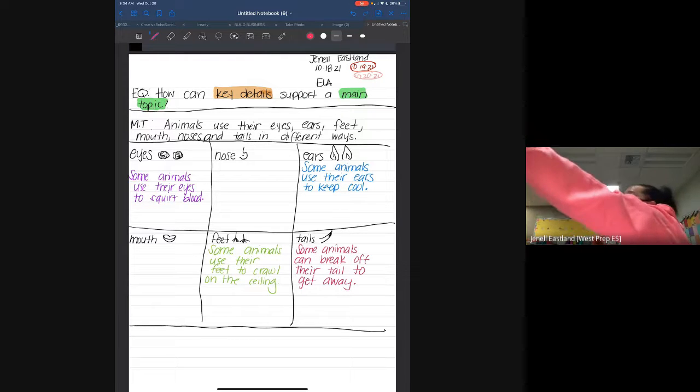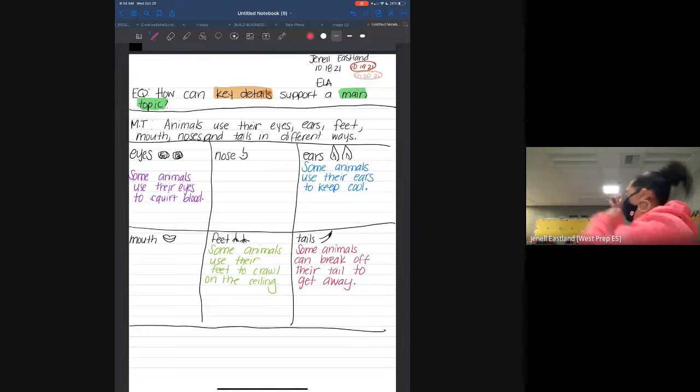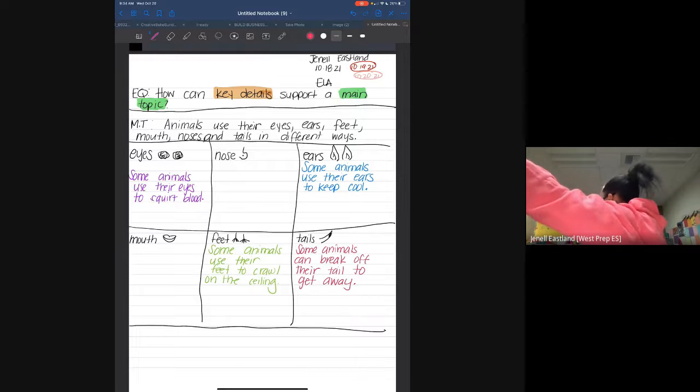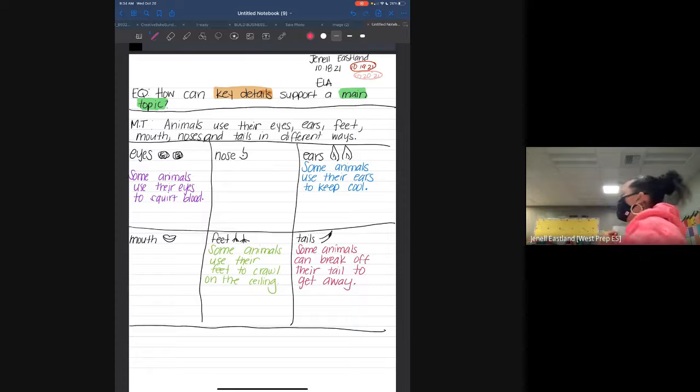So, Amelia, can you go into the text and find a fact about how an animal uses their mouth? Because sometimes we're not going to know, right? But we have resources that we can use. So Amelia's going to go into the text and give us a fact about how an animal uses their mouth. She's looking through the book. And what did you come up with, Amelia?